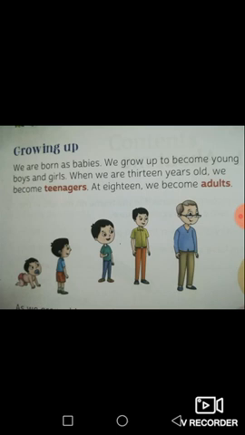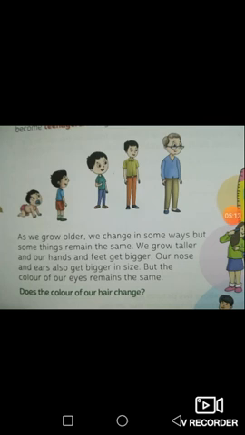So, when do you become a teenager? When we become 13 years old. When do you become an adult? When you become 18 years old. Very good. Let us read the passage below. As we grow older, we change in some ways, but some things remain the same.